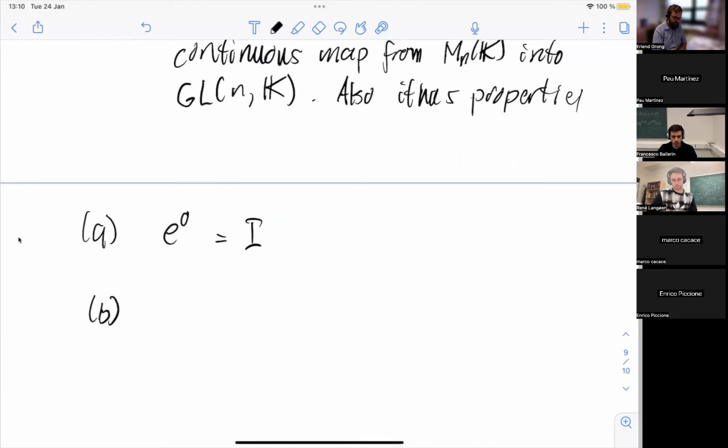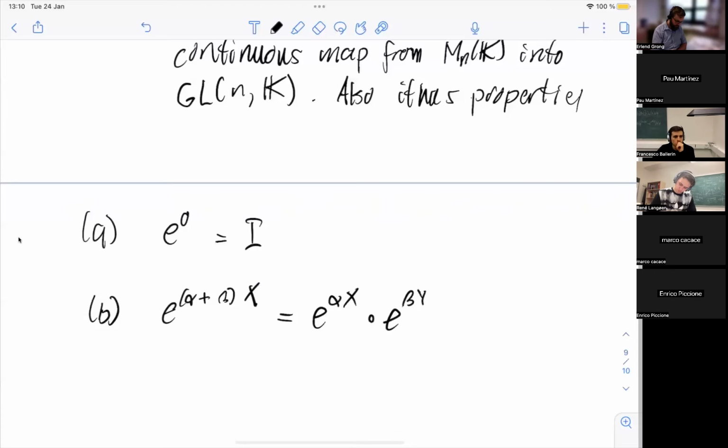We have a somewhat similar relation with addition. If you add two constants of the same matrix, it's the same as multiplying them together. And I have a typo in my notes, so this one should also be x.